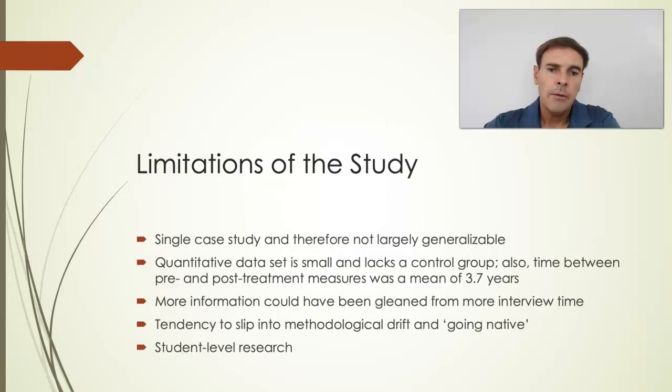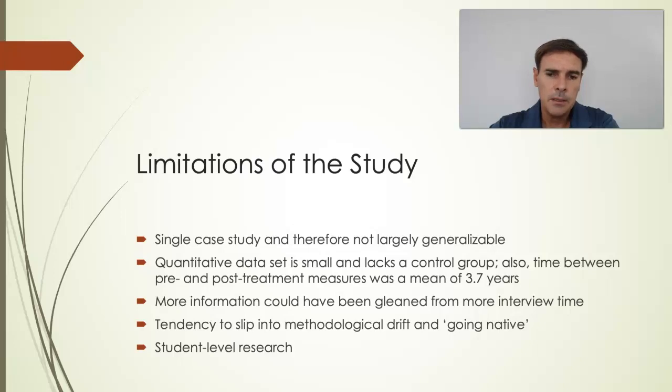So just quickly to wrap up, the limitations of the study. Of course, you have to include this in a dissertation, and there are valid limitations. It was a single case study, so that means we can't necessarily generalize that to the broader population. There are some things that are generalizable, but certainly not all. It's very case specific. The quantitative data set is very small.